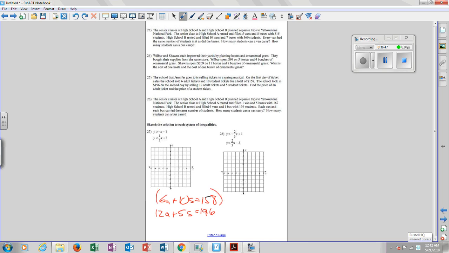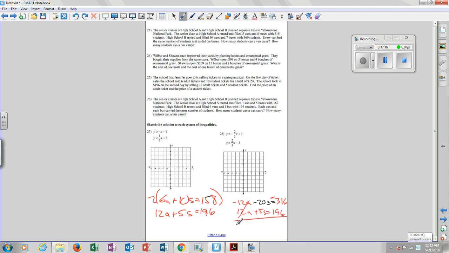So now we can multiply the top equation by negative 2. It's going to give us negative 12A minus 20S equals negative 316. On the bottom, it's going to be 12A plus 5S equals 196.